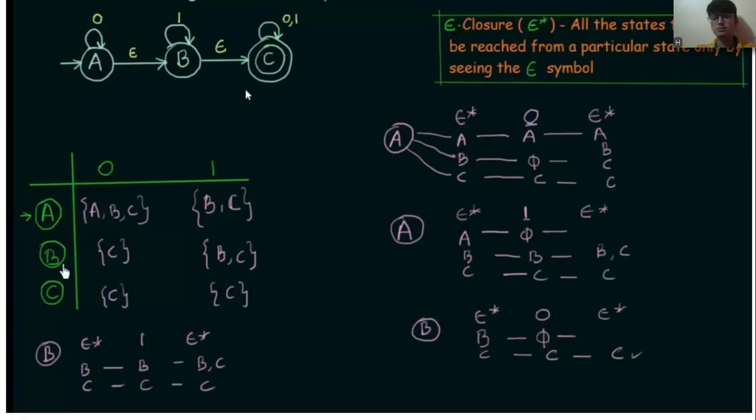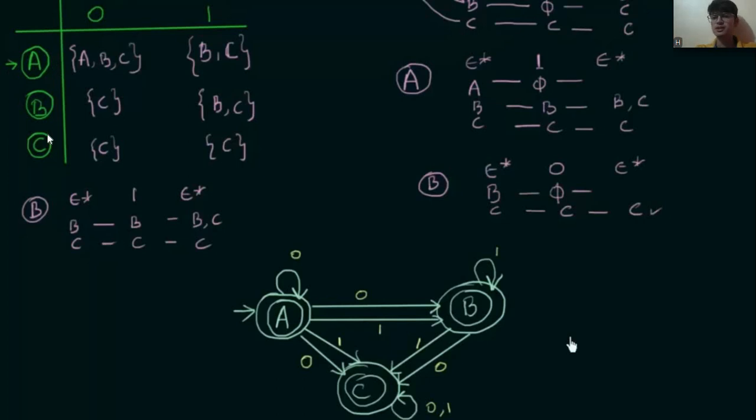Even B, by seeing epsilon, reaches C, and C is already a final state. Now all three states will become final states. So we will mark it as a circle for these three states, which is A, B and C. Only A is the initial state, but the final states are all three states, A, B, C.